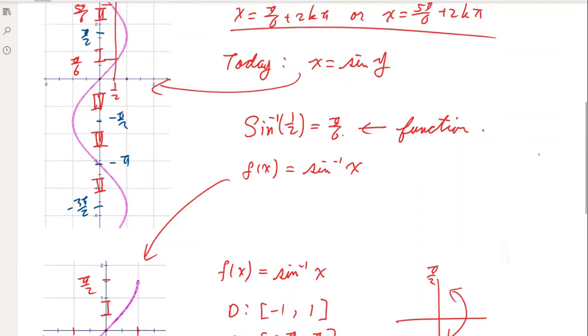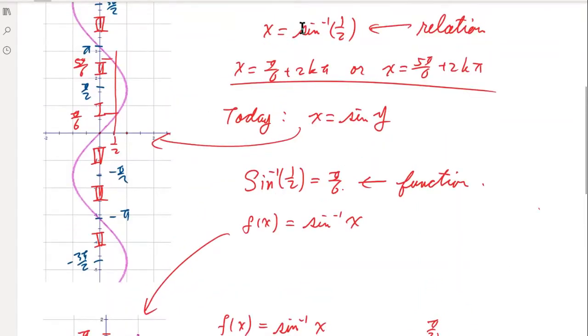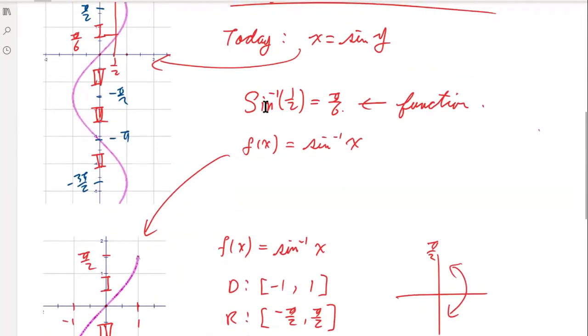So what used to be the relation in the olden days with the lowercase s, they just write it like this, just any relationship between x and y. This is your modern textbook's notation and definition. And then what used to be capital S is now just a regular inverse sine. And then, of course, you know the arc sine means the same thing as inverse sine, right?